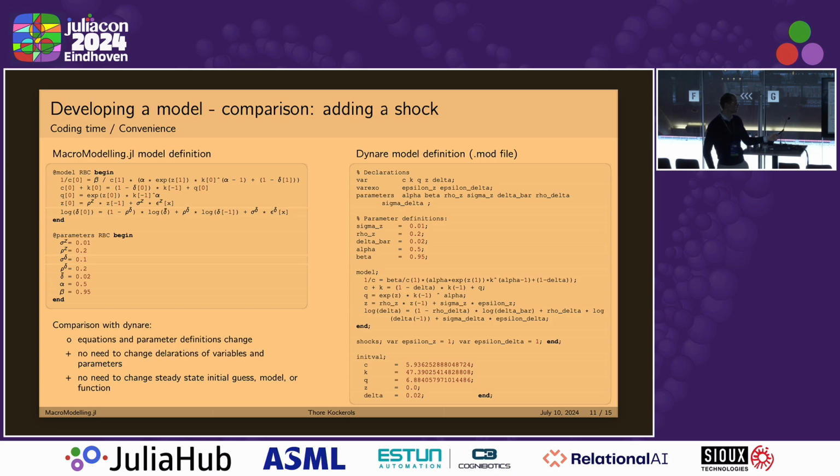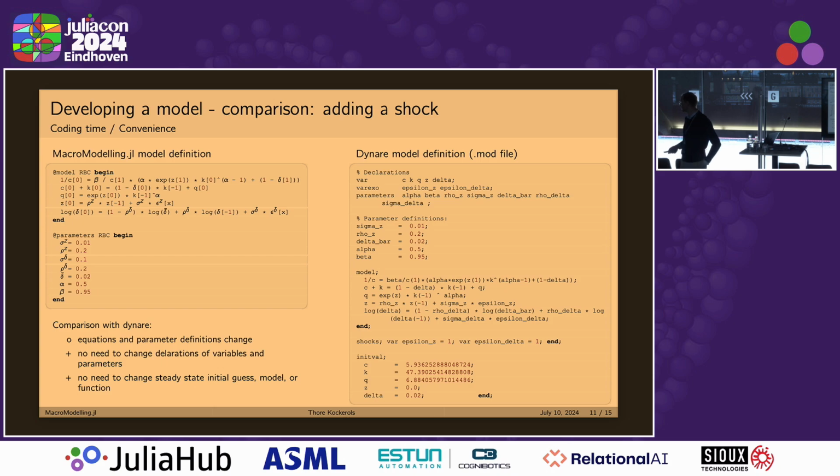So here, I had delta, which is the depreciation, which before was a parameter, and now I make it a process which is driven exogenously. So I have one more equation here. I have a few more parameters defining the exogenous process, and that's it. So I have to change deltas, one more equation. That's all I have to do in macromodeling.